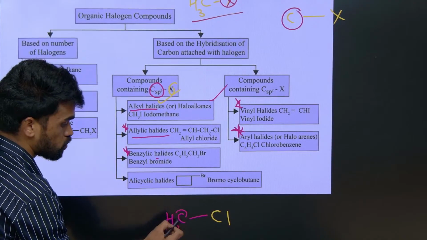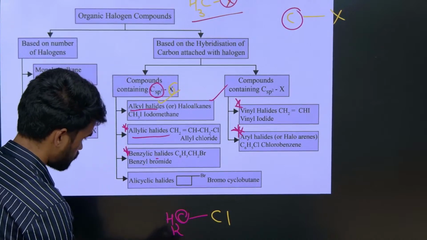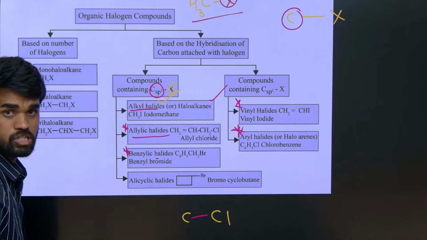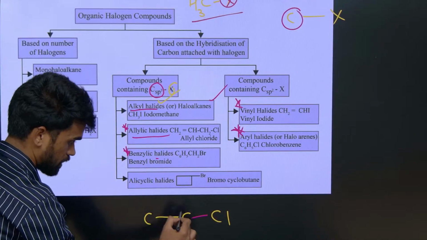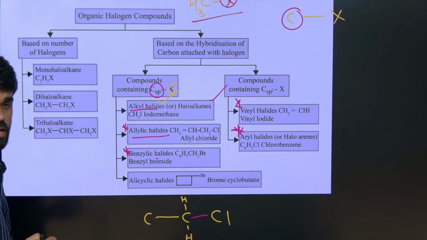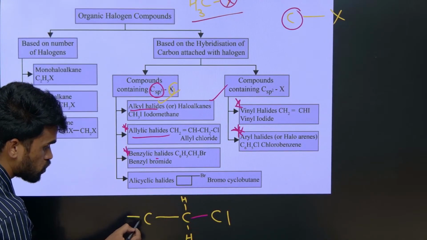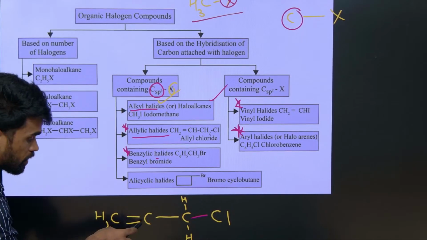So this carbon is sp3 hybridized carbon. This should be attached to any other group. For example, here valence is satisfied for this carbon with sp3 hybridization. Now this carbon is attached to a conjugative system. Here we have one double bond.